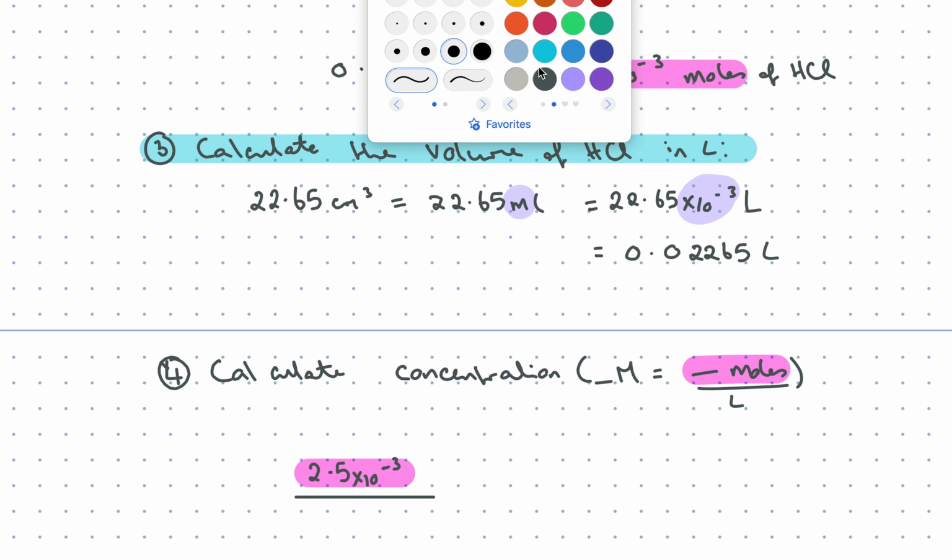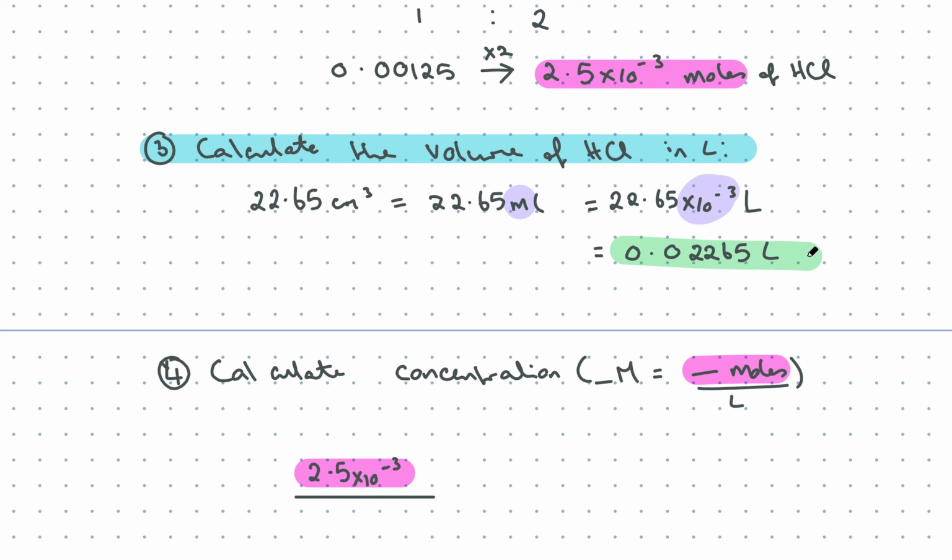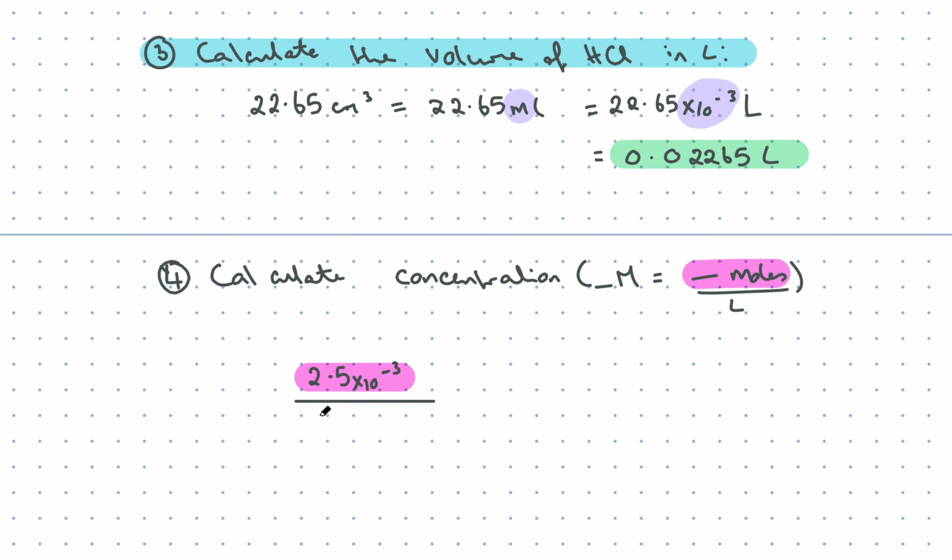So I didn't use 1 full litre, I used a fraction of a litre, but that's okay. I can still write that in down here, so I'm going to have 0.02265. And if I do that calculation, I will have moles on the top, litres on the bottom, so I can summarise it as capital M.